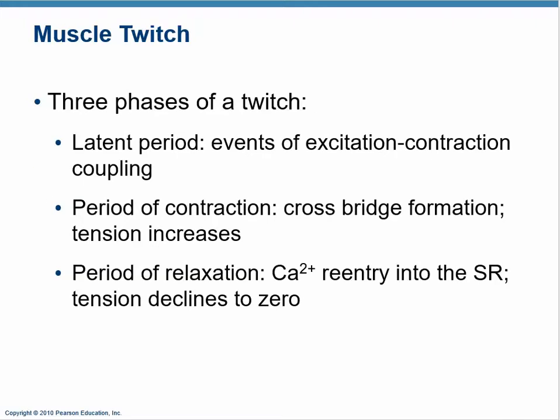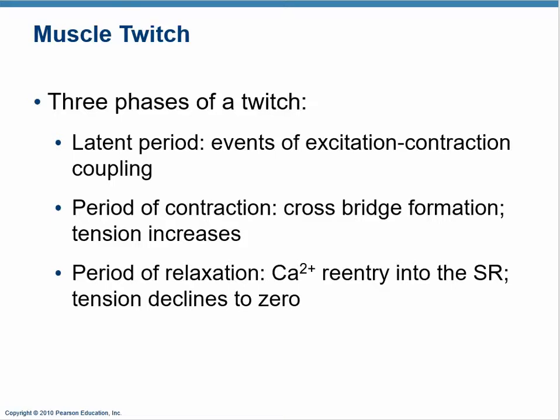So the twitch happens in a couple of phases. There's the latent period, the time between the motor neuron firing and releasing acetylcholine until the cross bridges are formed and the power stroke happens in the sarcomere between the thin and thick filament. More cross bridges form as more and more calcium removes more and more tropomyosin using troponin.